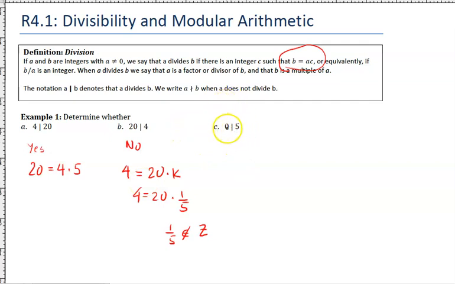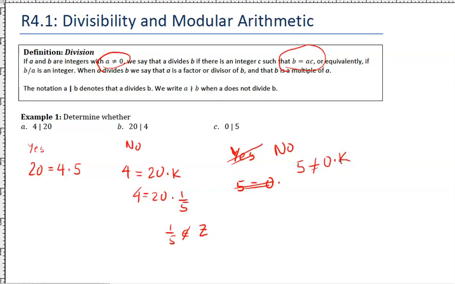And finally, does 0 divide 5? That doesn't work, so the answer is no, because we were told that we want a not equal to 0. 5 is not going to equal 0 times any integer.